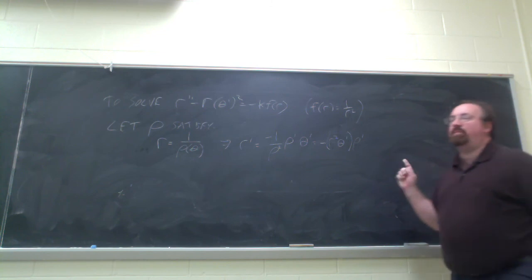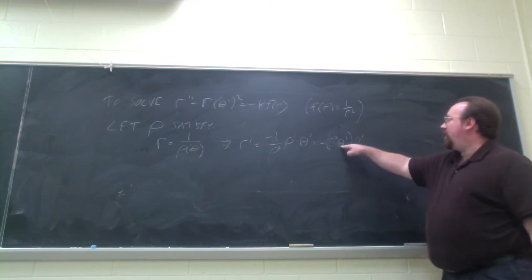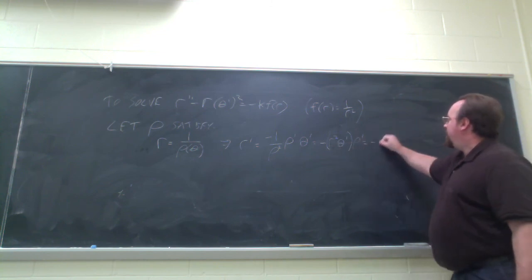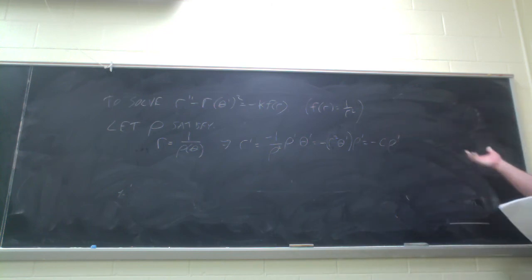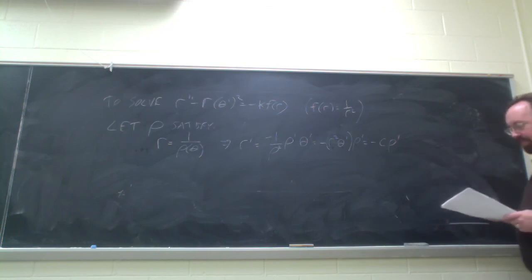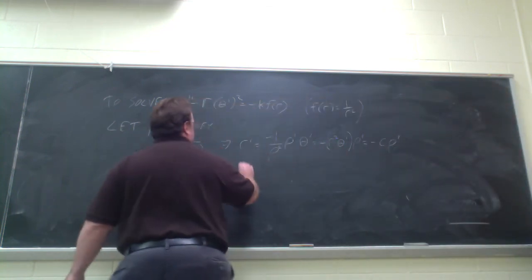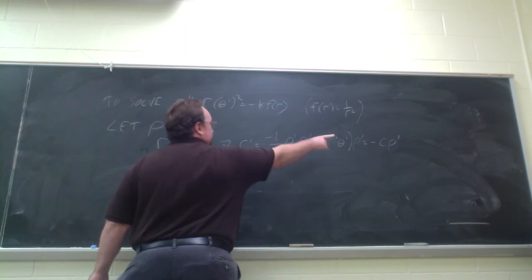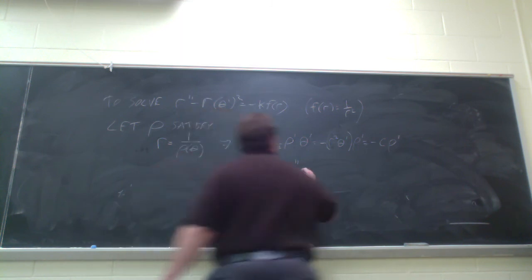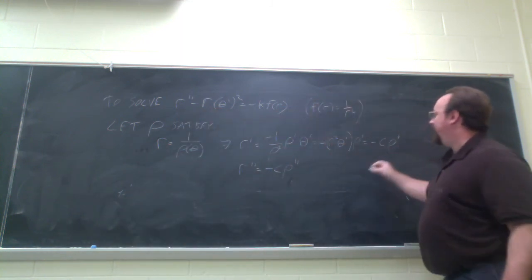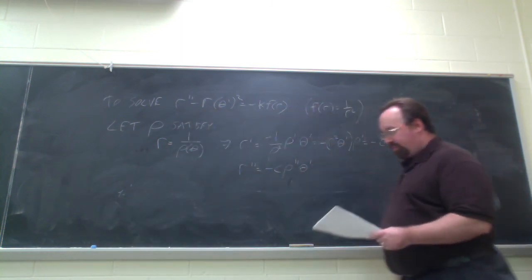But I have Kepler's second law, so r squared theta prime is c. So in fact, r prime is a very simple expression now: it's just minus c rho prime. That will help a great deal because now I can take a second derivative, and that's just going to be minus c rho double prime, but rho depends on theta, so it gives me theta prime.